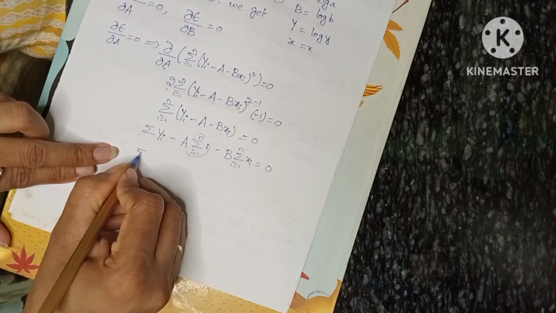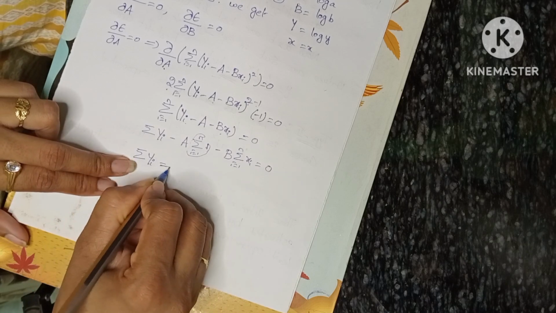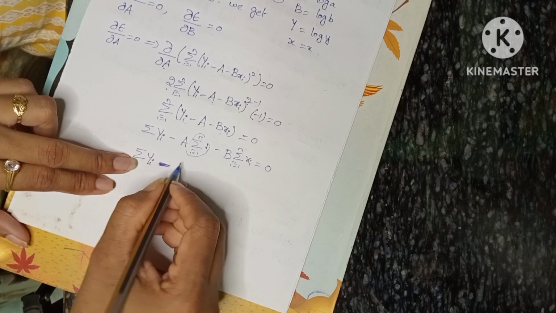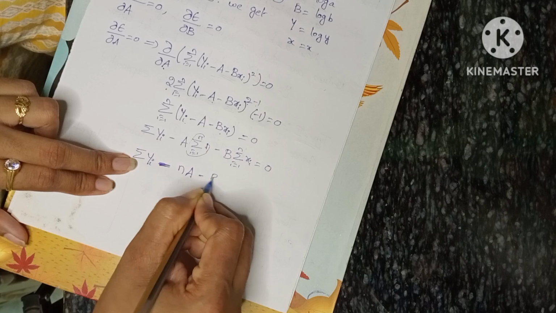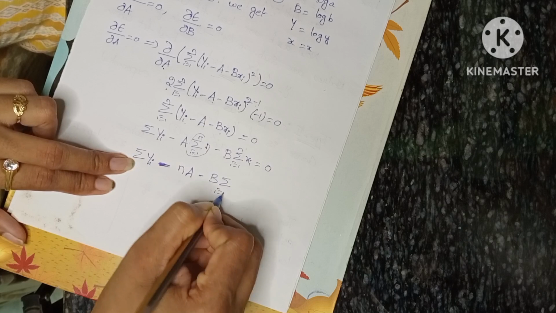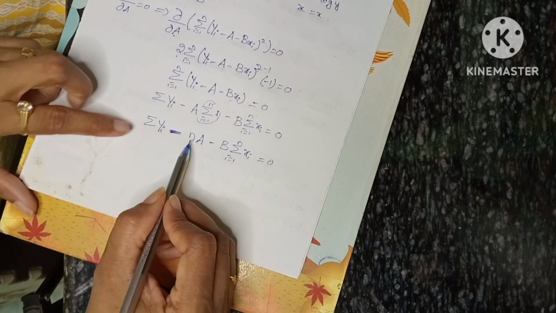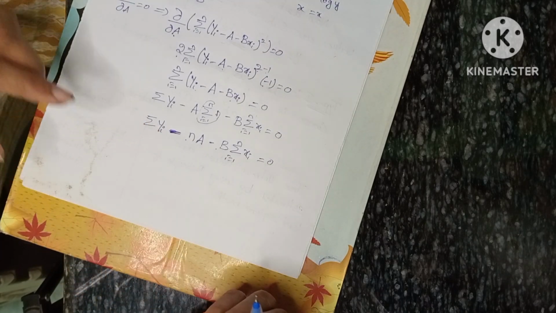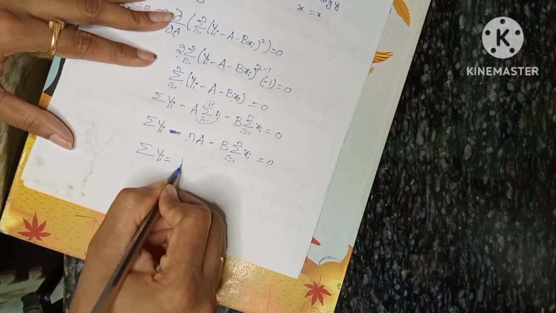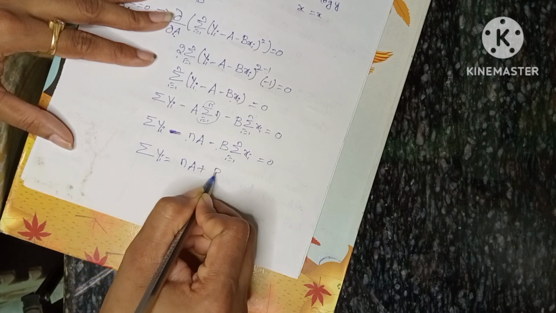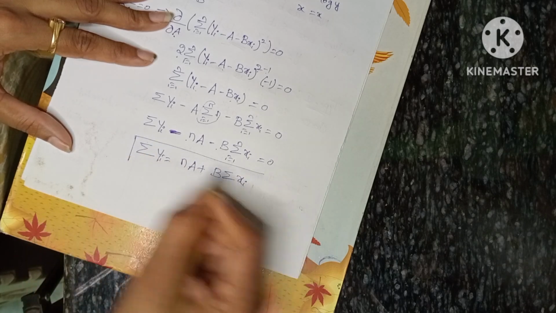So summation yi − na − b summation i = 1 to n of xi equals 0. These both terms we transfer from LHS to RHS. So that is summation yi = na + b summation xi.